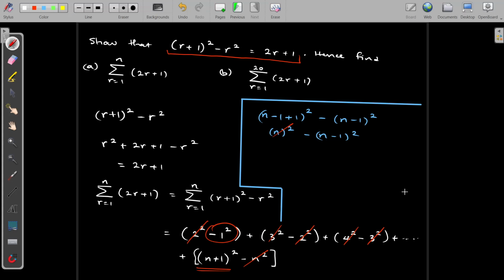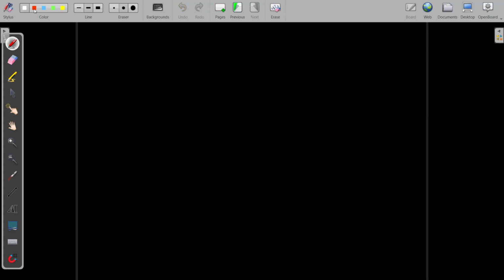So to combine our answer now, we have this minus 1 squared, we have n plus 1 all squared. So to combine our answer, we're going to have the sum from r is equal to 1 to n, and we're basically giving them back what they wanted, 2r plus 1, this is going to be equal to n plus 1 all squared minus 1.